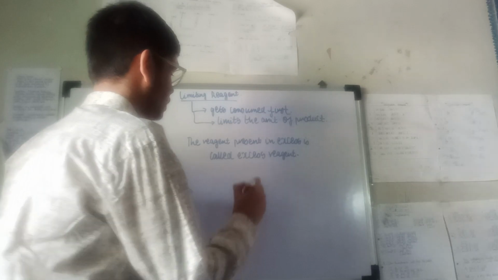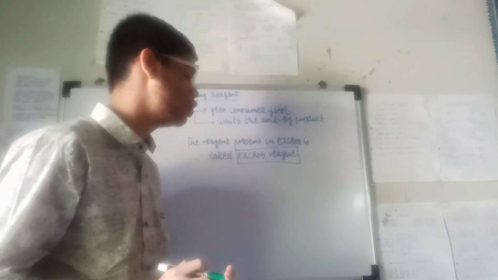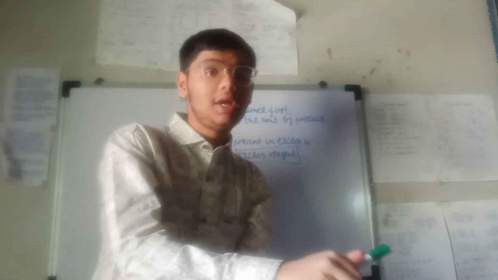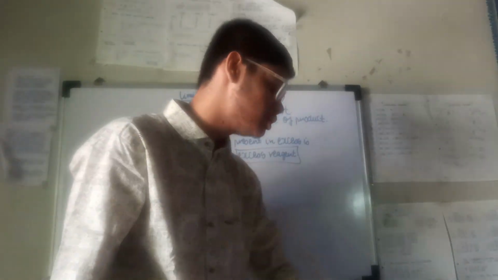Means the reagent which is present in extra quantity is called excess reagent, while the reagent which gets consumed first and that limits the amount of product is called the limiting reagent. Simple.